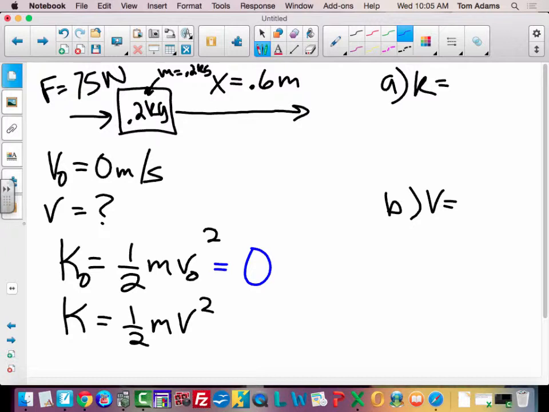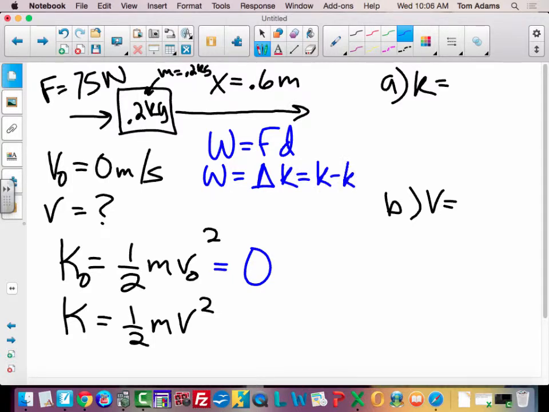I know one. Didn't we say that work is the force applied to an object over a distance? And didn't we also say at one point that work could also be the difference in kinetic energy, which is really the final energy minus the initial energy? So we have a force, we have a distance, I could calculate the work, and then I could set it equal to this and maybe solve for the final kinetic energy. That makes sense?